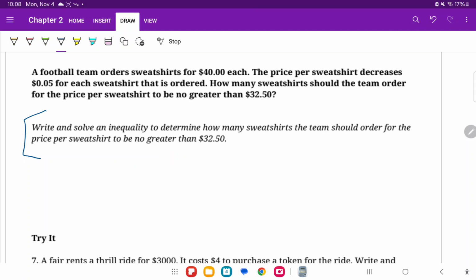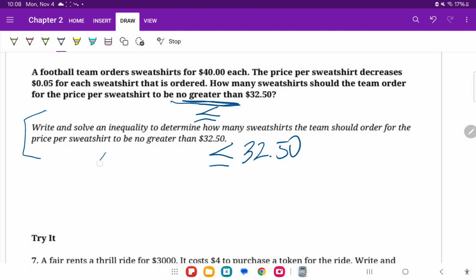All right, now we're subtracting this discount. So the price per sweatshirt is no greater than. Well, no greater than means less than or equal to. So we want our sweatshirts to be less than or equal to $32.50.